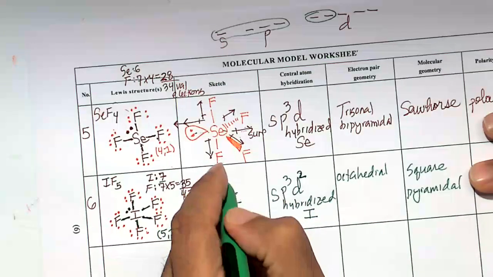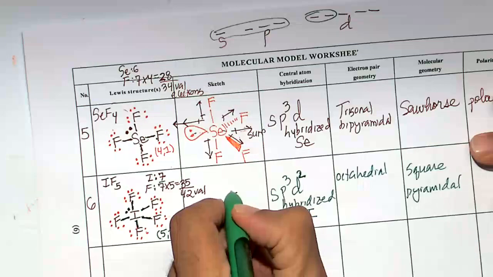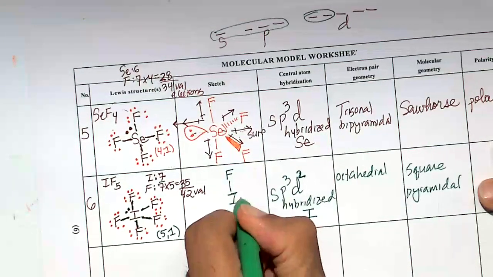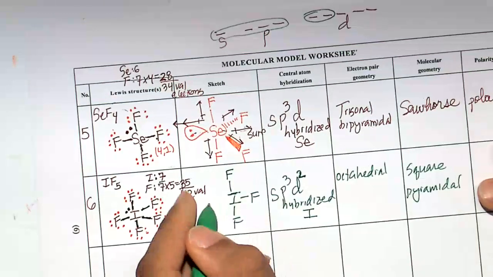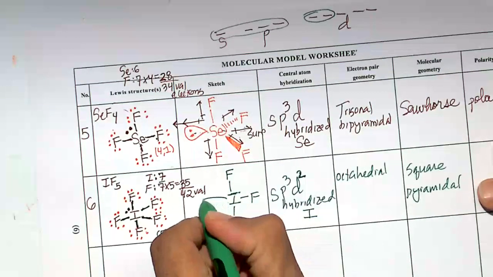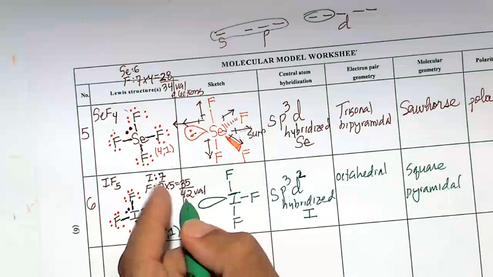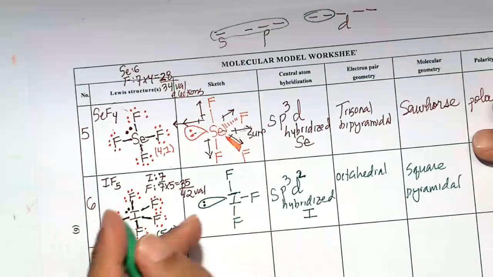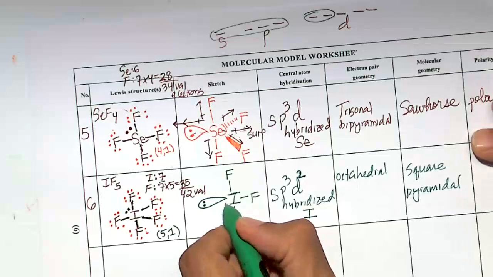So with the square pyramid, I'm using this to help me. One F will be here, one F here, one F here. The one lone pair, you can call it a ghost, or an electron inside a lobe, will be here.